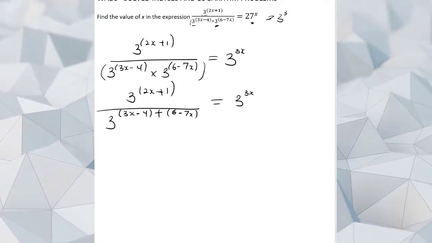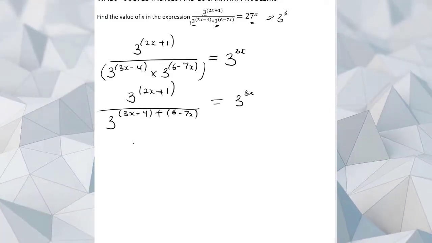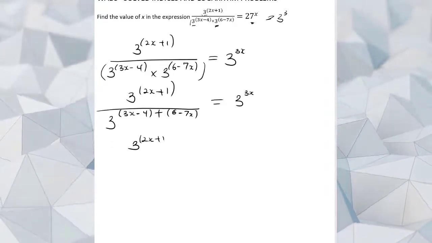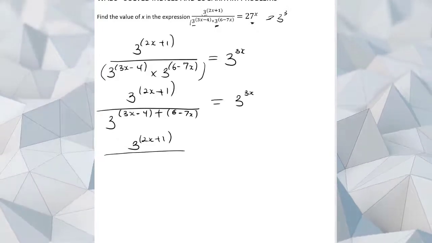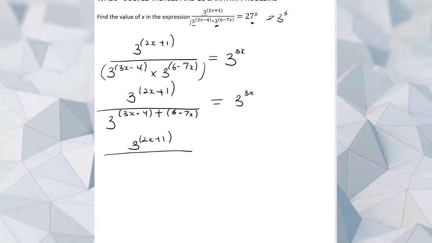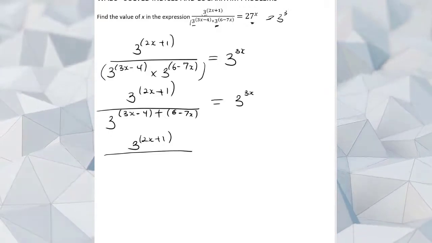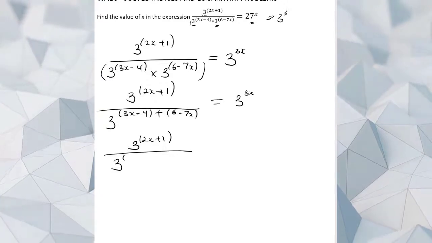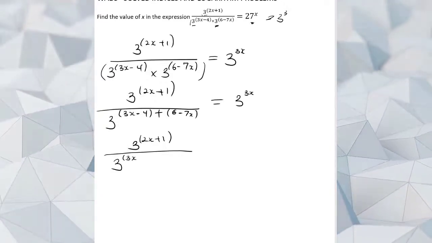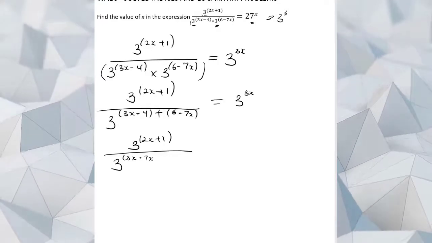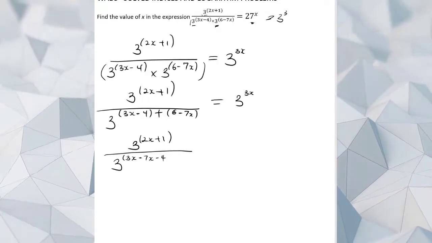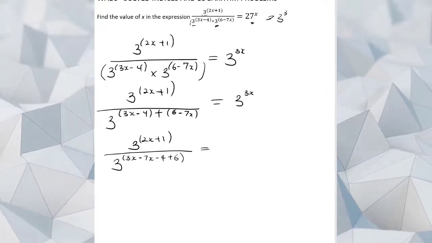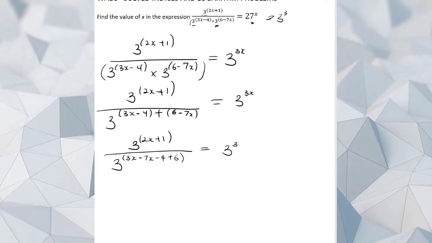With that, we can say that this becomes 3 raised to the power 2x plus 1, all over, I can then bring like terms, 3 raised to power, brackets open, 3x minus 7x minus 4 plus 6, is equal to 3 raised to power 3x.